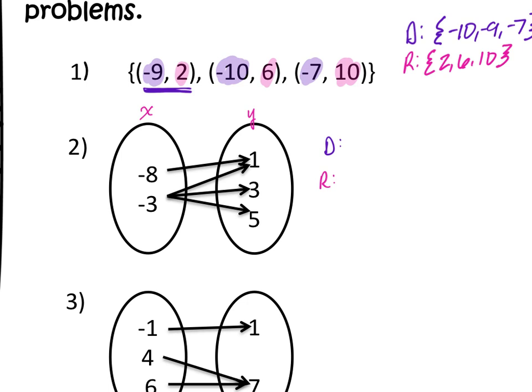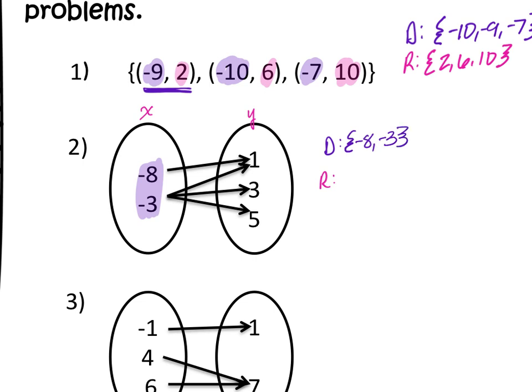Okay, so my domain on this is my X values from least to greatest. Here's my X values. Everything in here is my X values, and that's my domain. So my domain, with the curly brackets, is -8 and -3. And that's it.